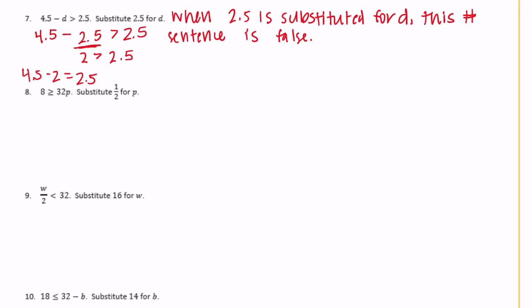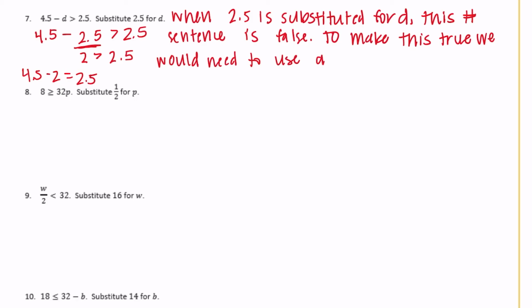So it needs to be less than 2 5/10, or less than 2, to make this true. We would need to use a number less than 2 for d. So anything less than 2 would make this work.